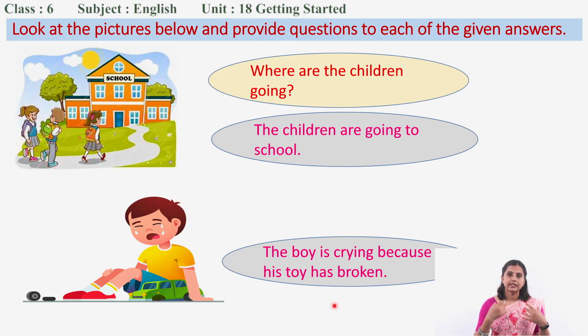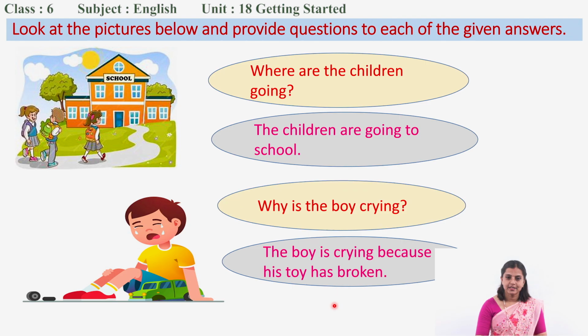This boy is shedding tears. Why? Because his toy has broken. So can you just give me one question for this answer? Exactly, yes. Why is the boy crying? The boy is crying because his toy has broken.